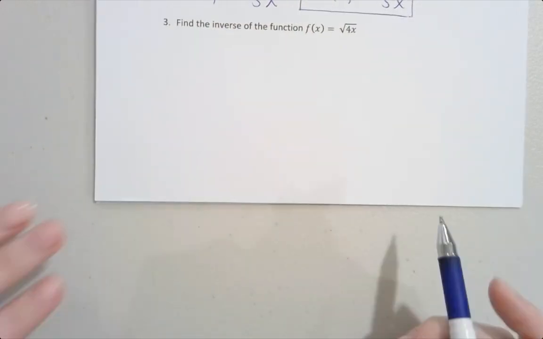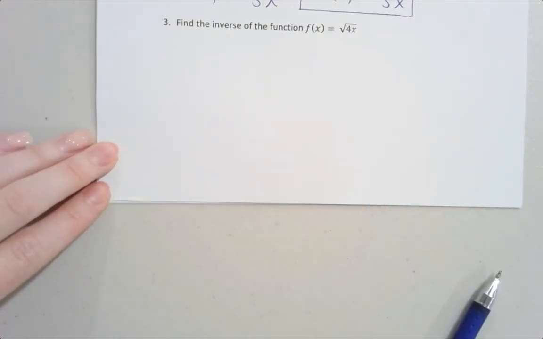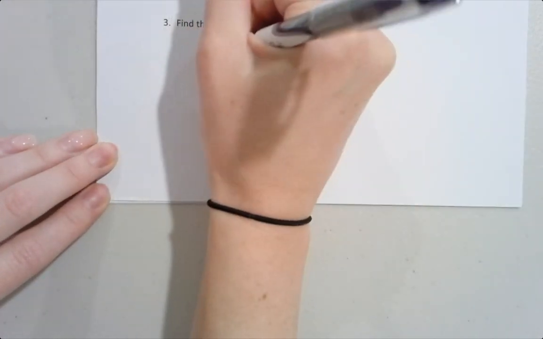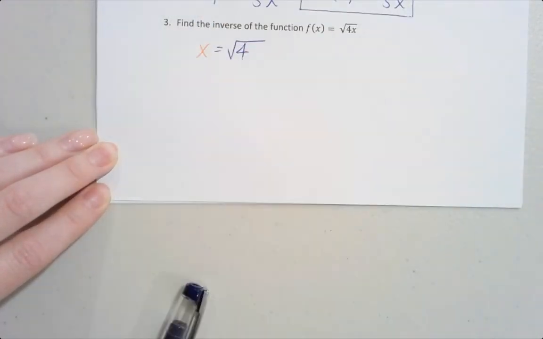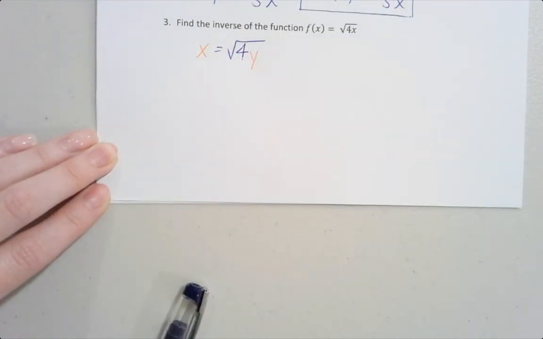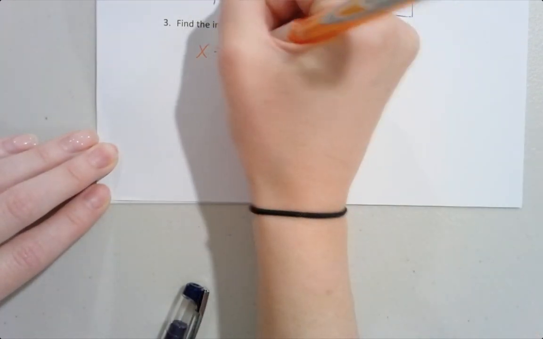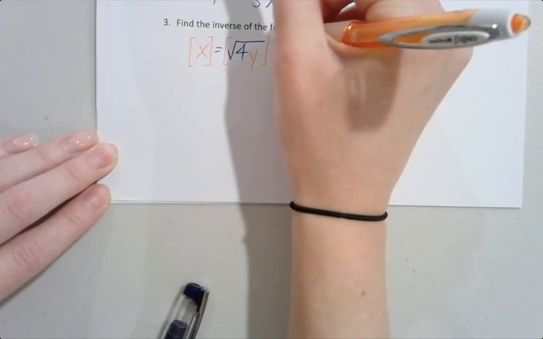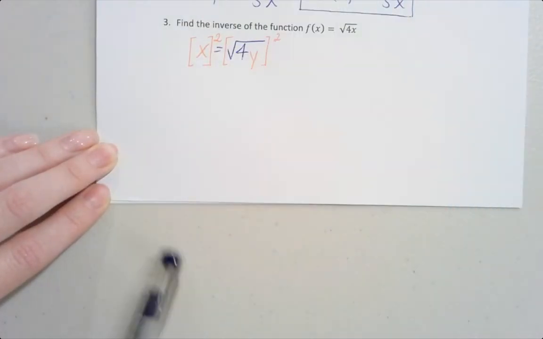All right, number 3. So we're going to find the inverse here. Again, we're going to switch our x and our y. So x is equal to the square root of 4y. If we want to get to that 4y, we are definitely going to have to get rid of that radical. So what is the inverse operation for square rooting? You guys got it. Squaring. We got to square both sides.